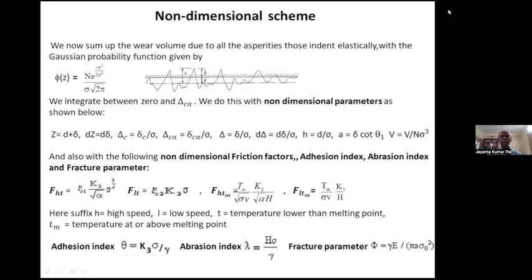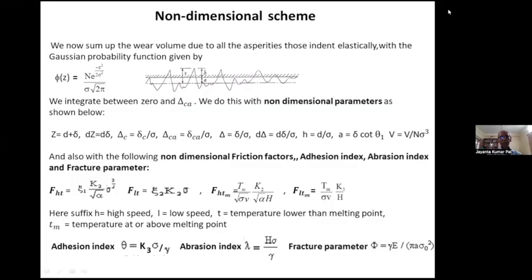Capital D delta is equal to d small delta divided by sigma, and h is the height, which again is non-dimensionalized by sigma, and a is the contact radius, which was taken for the hemispherical asperity.